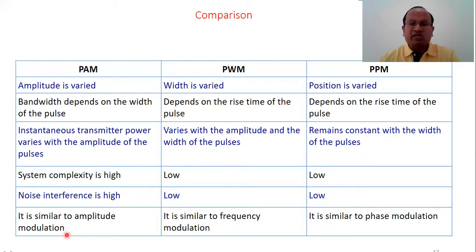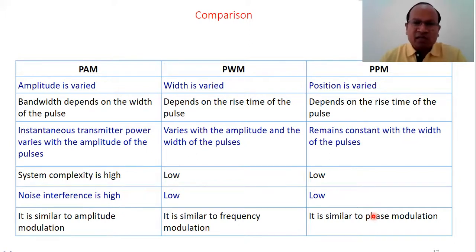PAM is similar to amplitude modulation, PWM is similar to frequency modulation, and PPM is similar to phase modulation, because we know that in phase modulation there is a delay. So in PPM, the pulse position is changing, so it's moving. Either the pulse is getting delayed, right? It's either going ahead or lagging or leading, something like that.